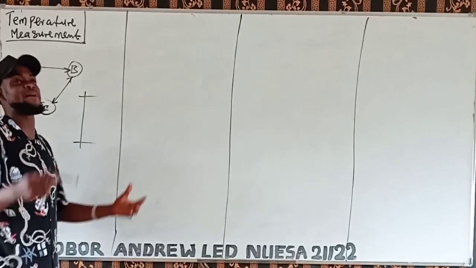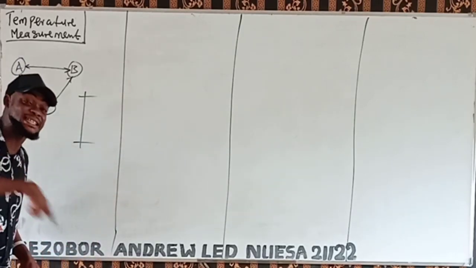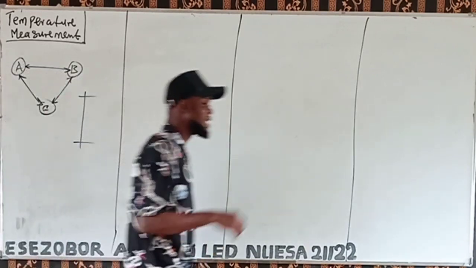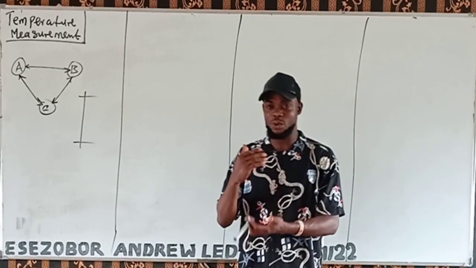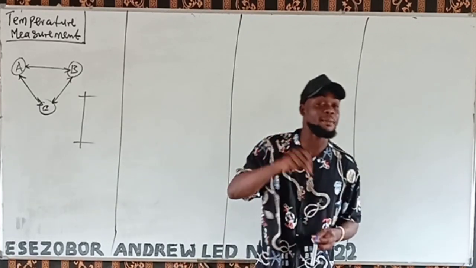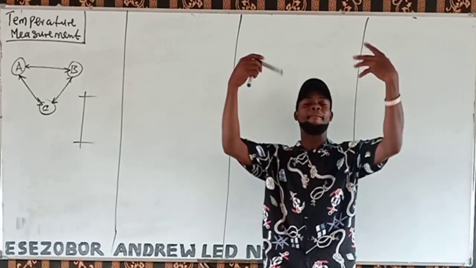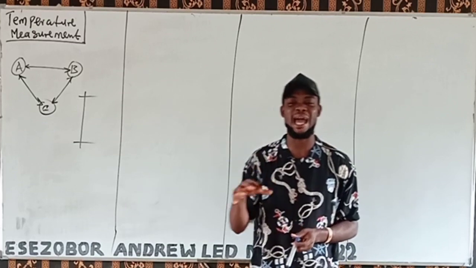We have different thermometric properties of a substance. One of them is the length of a liquid column in a glass capillary tube. Number two, the pressure of an ideal gas whose volume is kept constant.